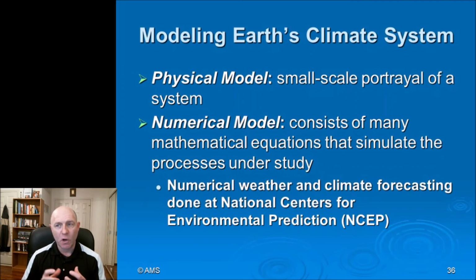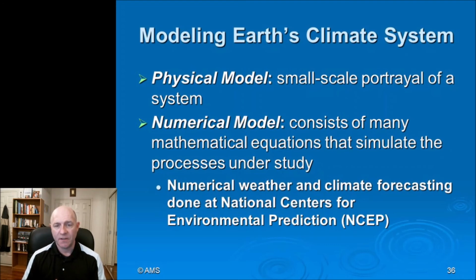We can solve certain equations, very fundamental equations about relationships between pressure and humidity and temperature. All right, and that can give us a big numerical weather model. This is the foundation of all forecasting that you see today.